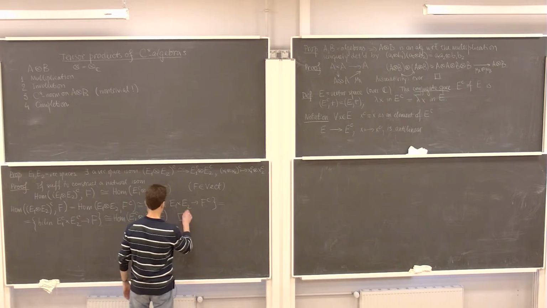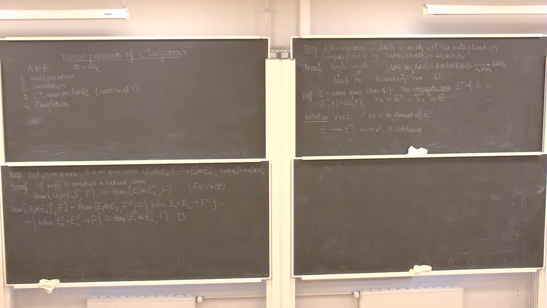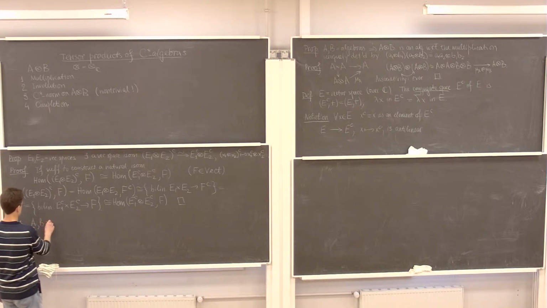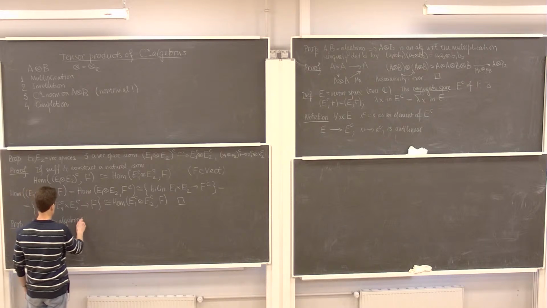Okay, so now we are ready to define an involution on the tensor product of two star algebras. Our next proposition: suppose that A and B are star algebras.